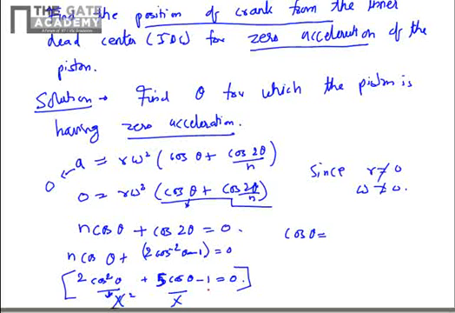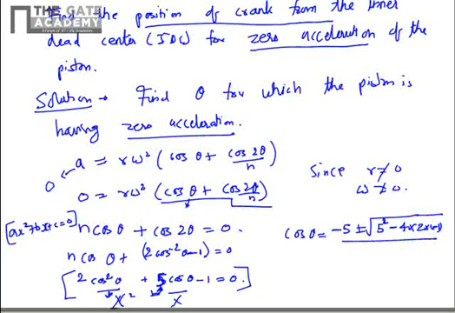This is similar to ax square plus bx plus c is equal to 0, where b is 5, a is 2, and c is minus 1. The solution for the quadratic equation is minus b plus minus square root of b square minus 4ac, divided by 2a. So minus 5 plus minus square root of 5 square minus 4 times 2 times minus 1, divided by 2 times 2.